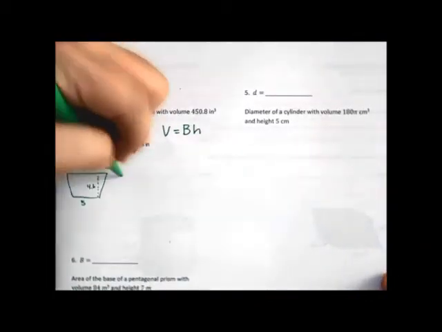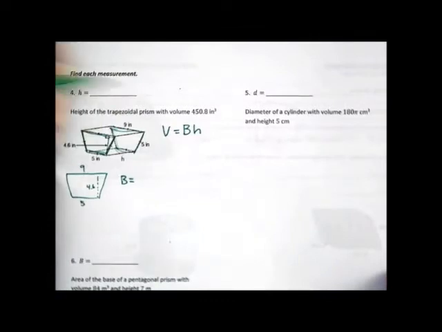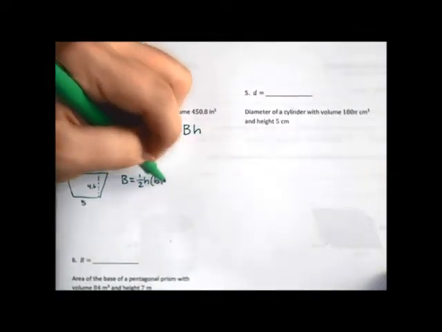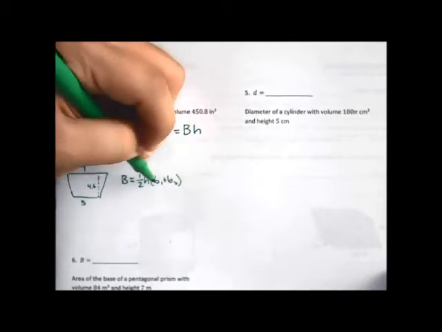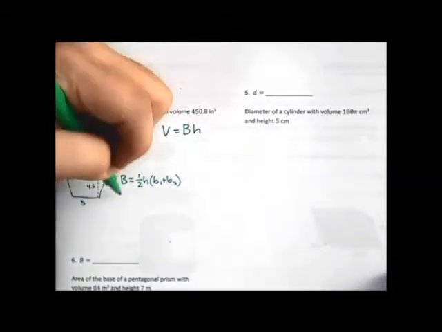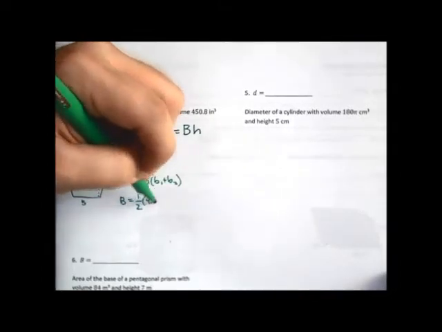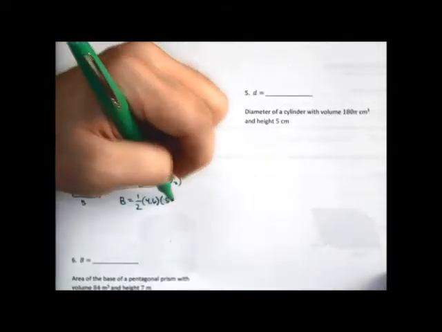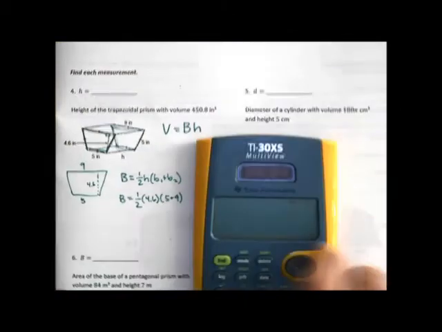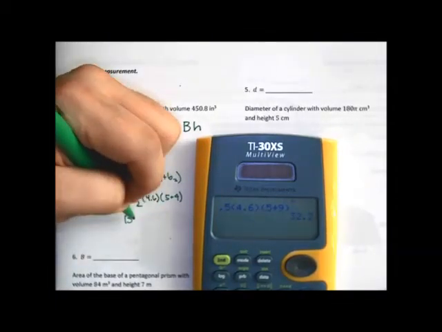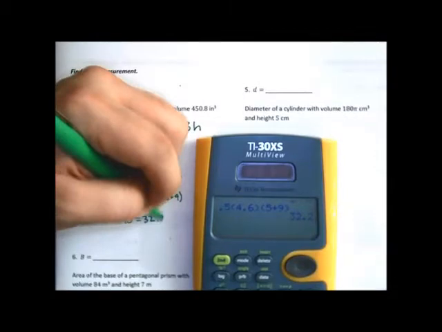So here, capital B is going to be 1/2 times the height times the sum of the bases. Notice the lower cases. And when I plug everything in, 1/2 times 4.6 times 5 plus 9, go to the calculator, 0.5, 4.6, 5 plus 9, I get that my base area is 32.2.